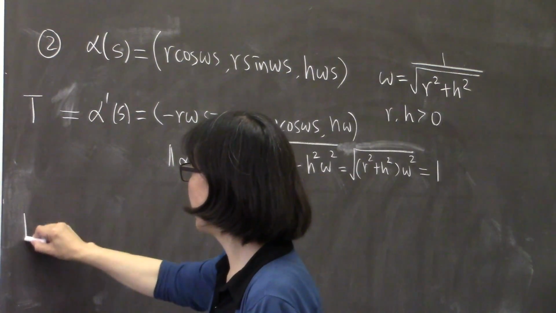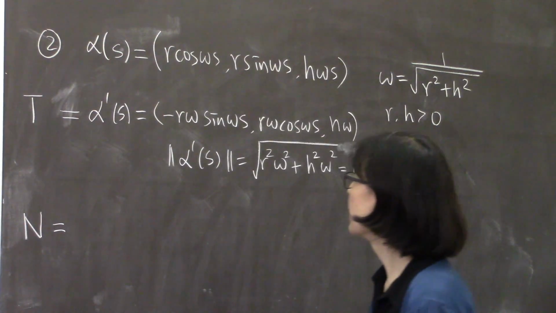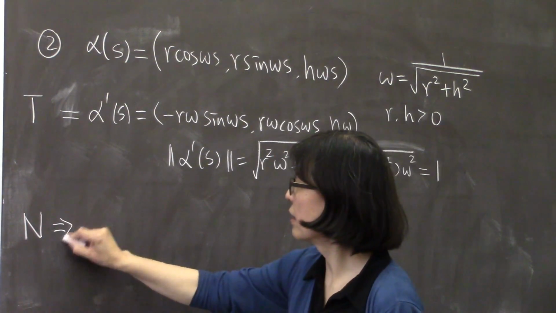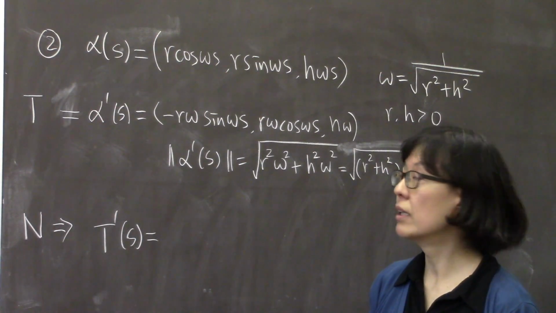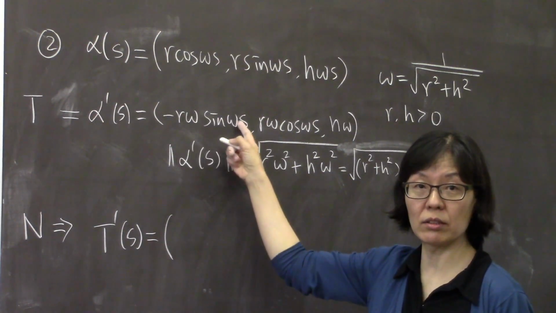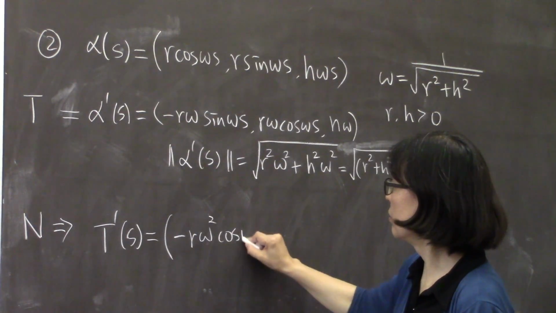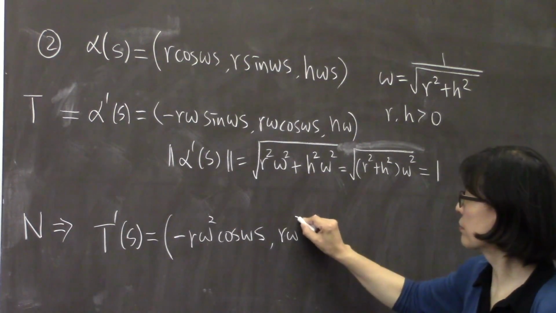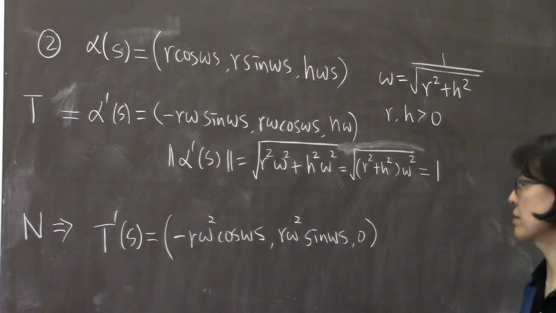Then what is the N then? To get N, we need T prime of S. So another omega comes out, right? Minus R, and that is 0.